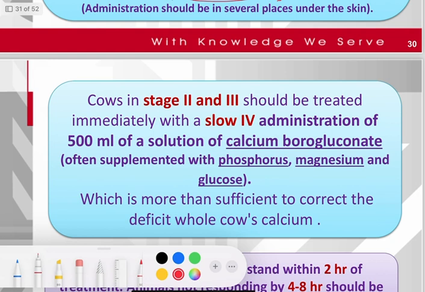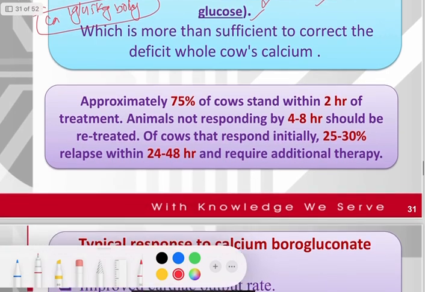Cows in second and third stage of milk fever should be treated immediately with a slow IV administration of calcium borogluconate at the rate of 1 gram per 45 kg of body weight calcium. Or you can supplement meanwhile with calcium borogluconate, phosphorus, magnesium and glucose, which is more than sufficient to correct the whole deficit of the cow's calcium.